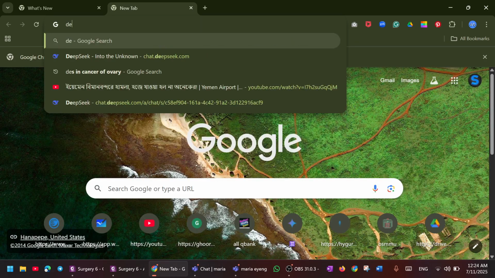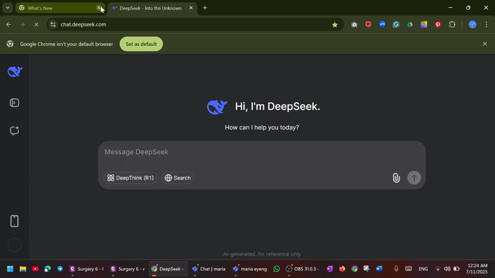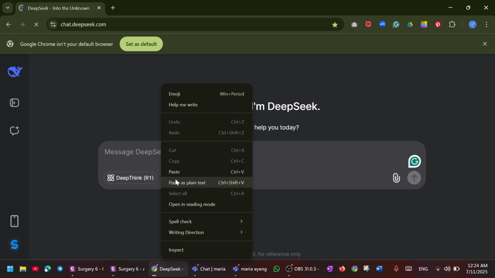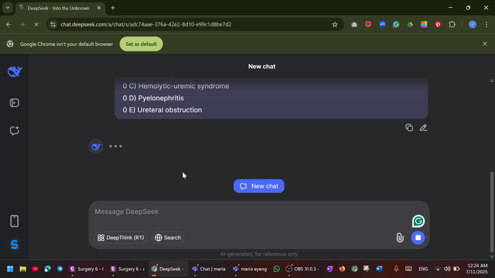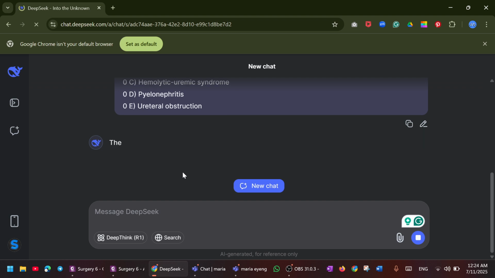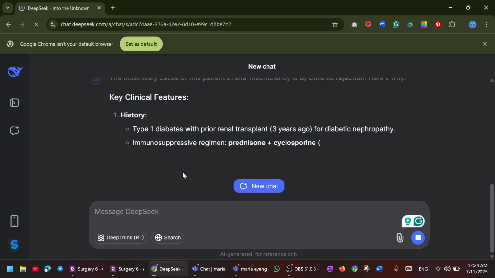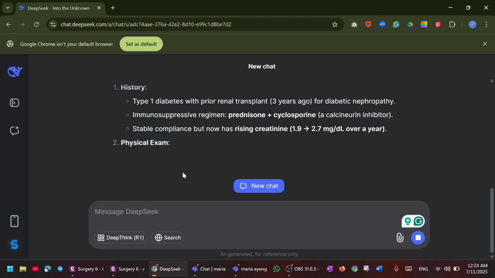52-year-old man, type 1 diabetes. Diabetic nephropathy is a common complication of long-standing diabetes, leading to end-stage renal disease. He had a transplant 2 years ago, which means his native kidney likely has severe damage. He is compliant with treatment, which is important because non-compliance can lead to rejection.